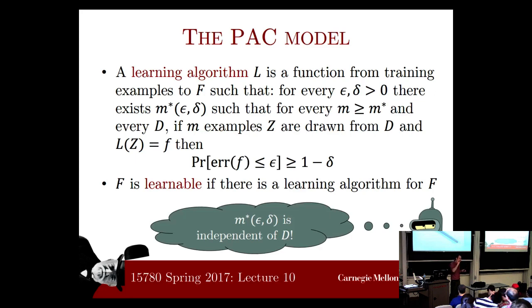The only thing is you have to draw randomly every time according to the same D. So you could get unlucky and see the same examples again and again, or examples that are very close to each other, but we'll see that sort of doesn't happen, in a sense. So the m examples can be the same, they just need to be randomly drawn. Yes, we're drawing with replacement, so we could get the same example.